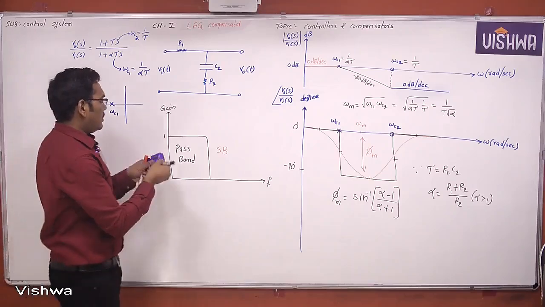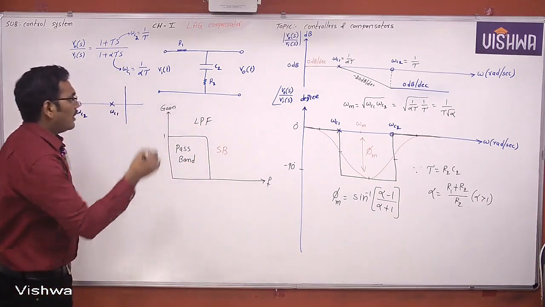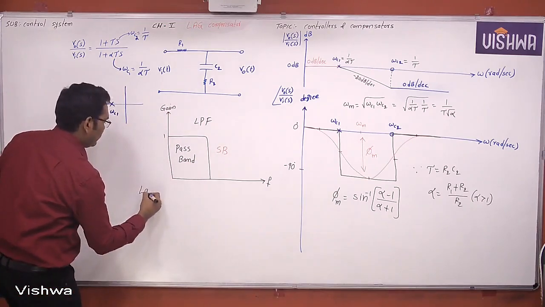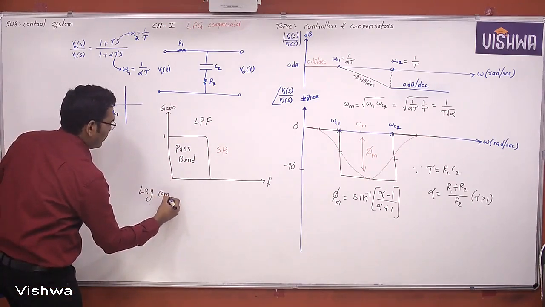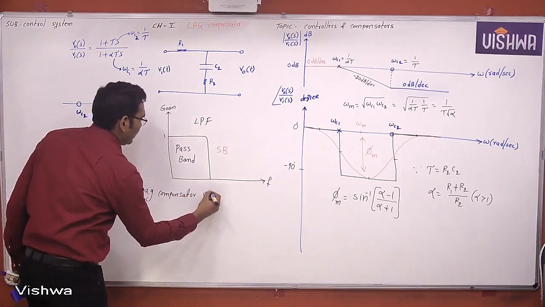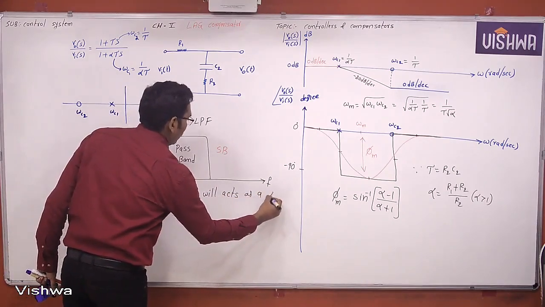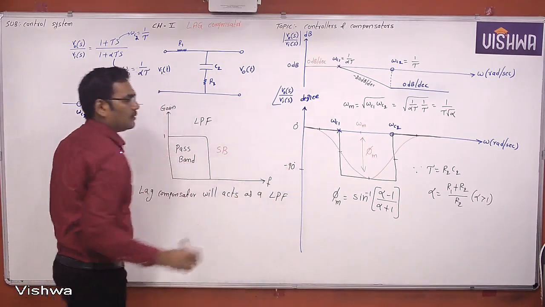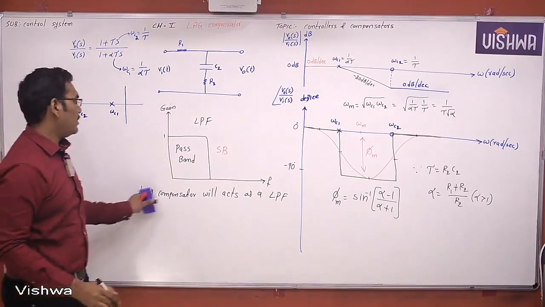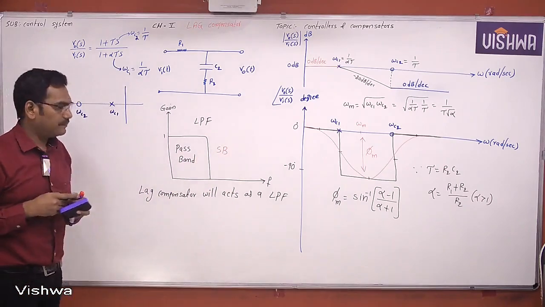Therefore, this is a low pass filter. The lag compensator will act as a low pass filter. This is the low pass filter characteristics. Okay, note down.